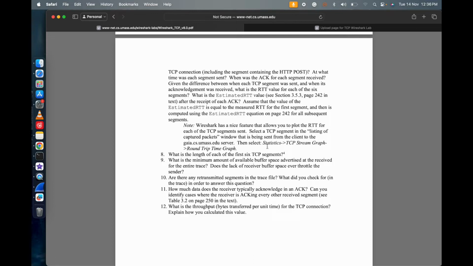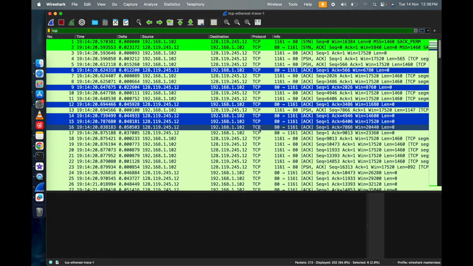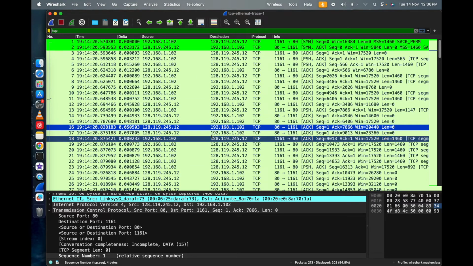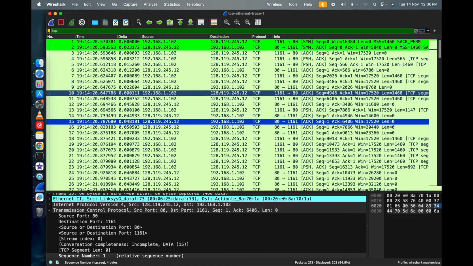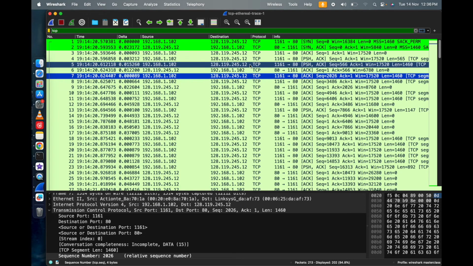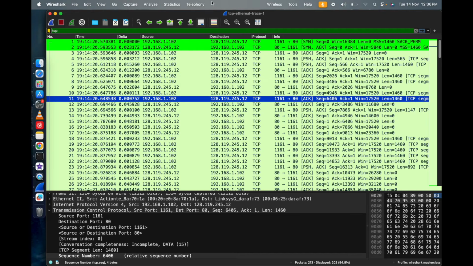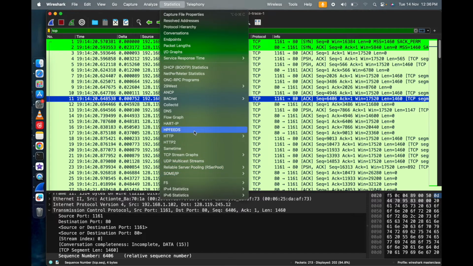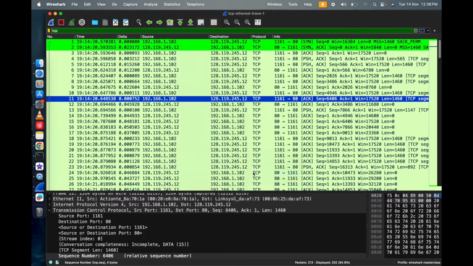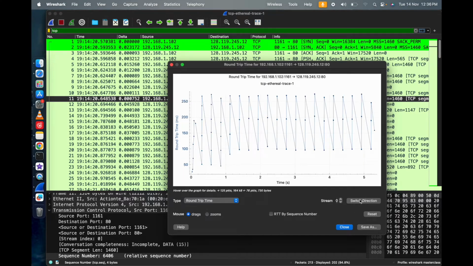After getting the estimated round trip time, we'll see how it looks as a graph. In Statistics, go to TCP, and in that go to Round Trip Time, and now switch the direction.